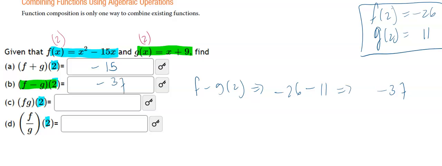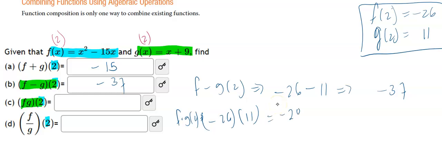The next piece says take those same values and multiply them together. f times g of 2. So that's negative 26 times 11. I have to check my calculator on that one.